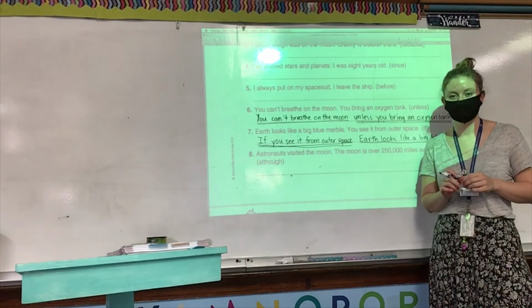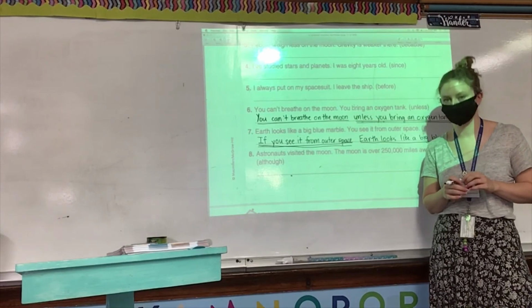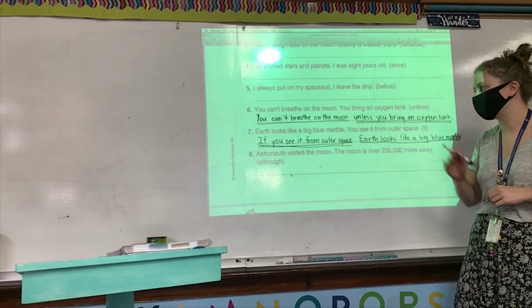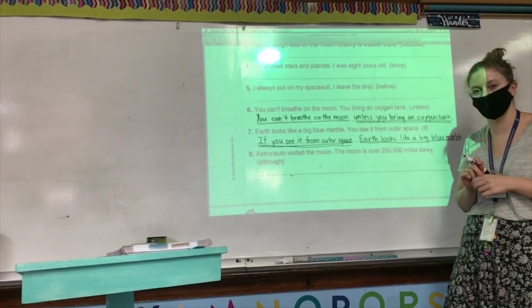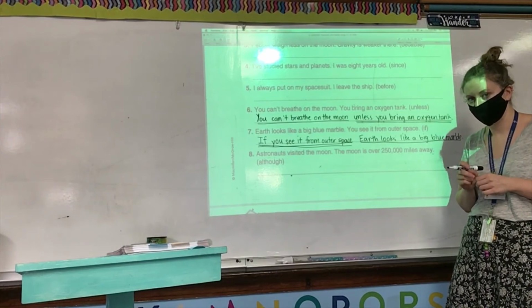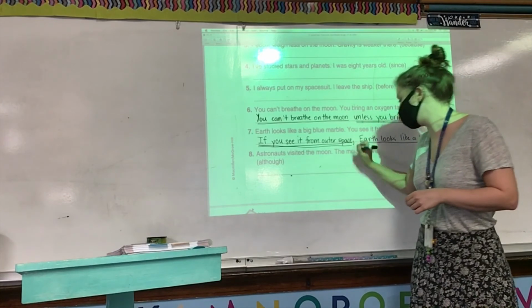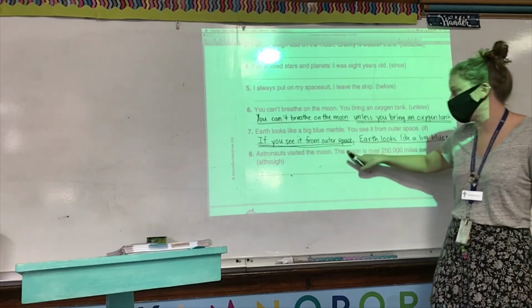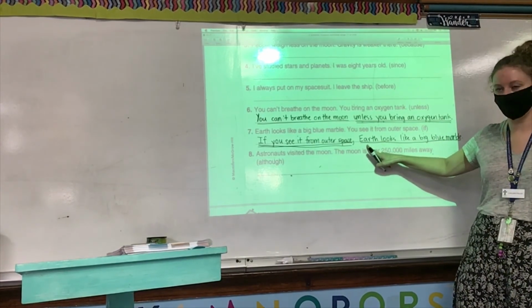You need the dependent clause to come first. Good. Very good. So if the dependent clause comes first, we need a comma. Where does the comma go, Carla? It goes in between space and Earth. Good, because it goes at the end of the predicate from the dependent clause, see it from outer space, and before the subject from the independent clause, which is Earth.